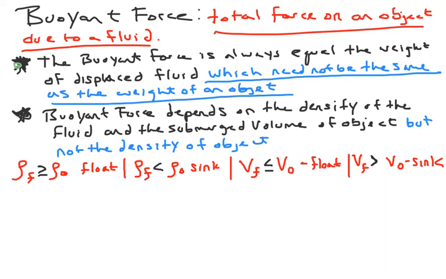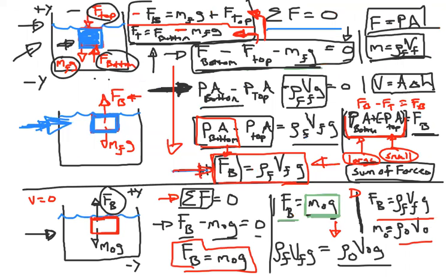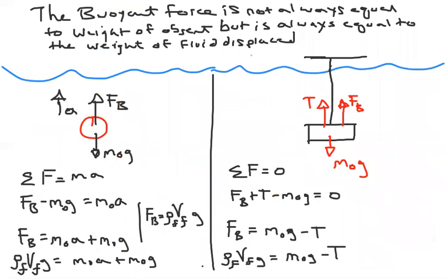So you might say, but Carl, we just derived this equation that said the buoyant force is equal to the weight of the object, so that means the fluid displaced is going to be equal to the weight of the object. But that's only for this situation where we have only the buoyant force and the weight acting on the object, okay? When there's more going on, like in this case, the object's accelerating up, which means it's speeding up.